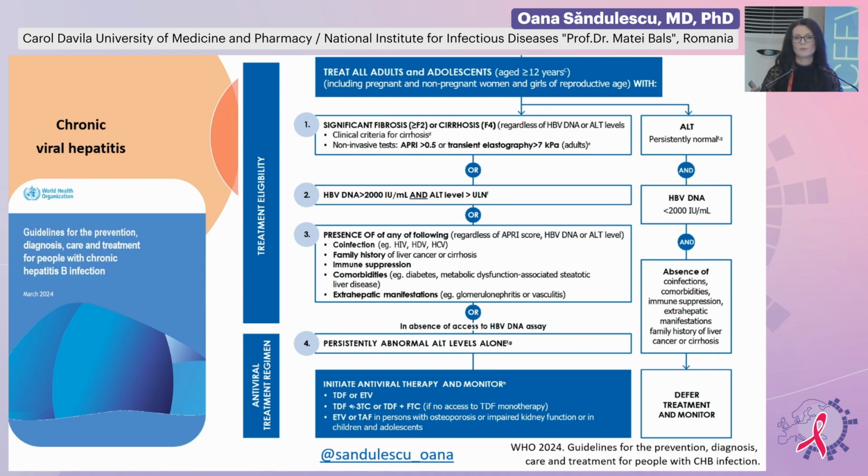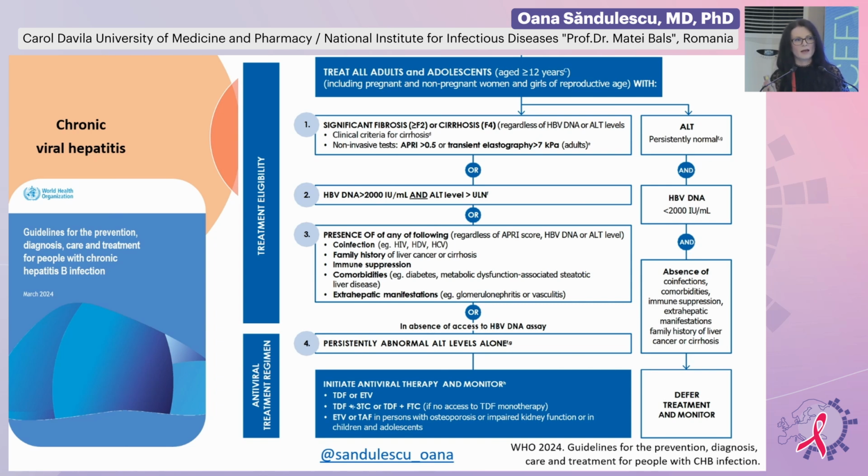So if they have comorbidities, if they have co-infections, if they have immune suppression, if they have extrahepatic manifestations. So this opens up treatment to clinical judgment. If we as clinicians consider that this patient would benefit from treatment, the patient becomes eligible for treatment.